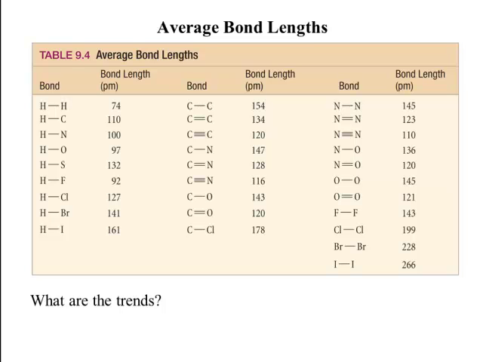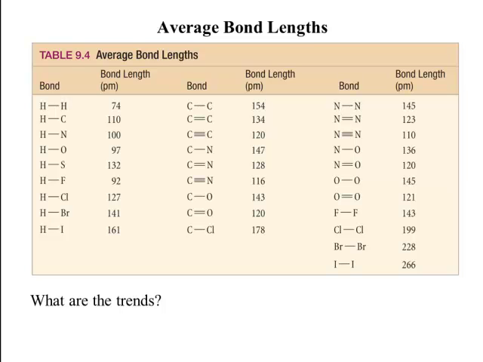Another trend we need to notice. Let's look at the carbon-carbon single bond versus carbon-carbon double versus carbon-carbon triple. What's happening there? Well, the bond lengths are decreasing. So a single bond is going to be longer than a double bond, which is longer than a triple bond. Why? Well, if you think about it, if I look at that carbon-carbon triple bond, in order to form a triple bond, I have to get overlap of 3 sets of orbitals.